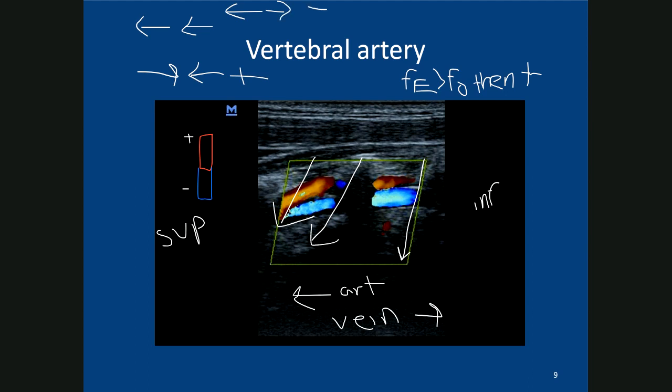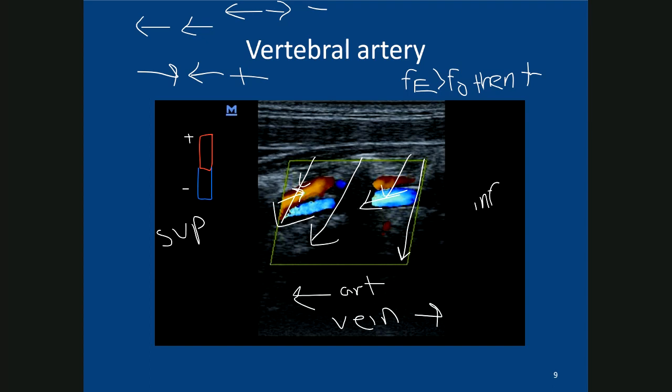So if this is filling in red and red is positive, that means the blood is flowing in this direction to the sound source. And if this is filling in blue, then that means this one is flowing in this direction away from the sound source.